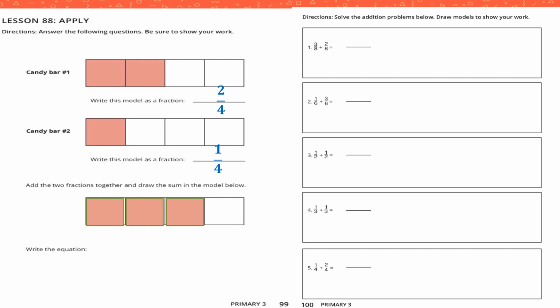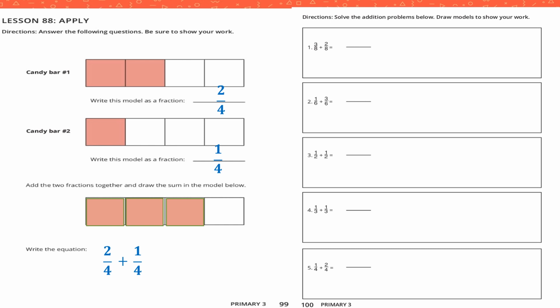So the fraction here is 1 over 4. Add the 2 fractions together. Add means plus. 2 over 4 plus 1 over 4. We said to add 2 fractions, we have 2 steps. Step 1, put the denominator as it is. It's the same denominators, so put the denominators as it is.